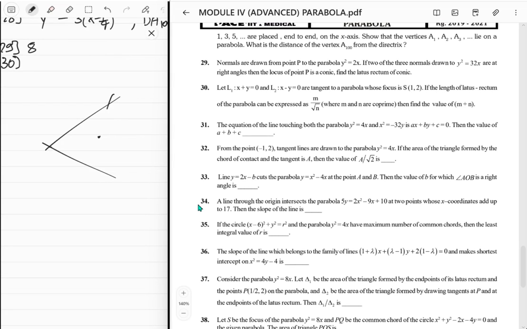It might be that the point is over here or over here. We don't know. So depending on these lengths, we can actually figure out what the directrix should be like. It's supposed to be the same length. So something like this, something like that, and then it passes through that. Weird, isn't it? Yeah, it's weird.